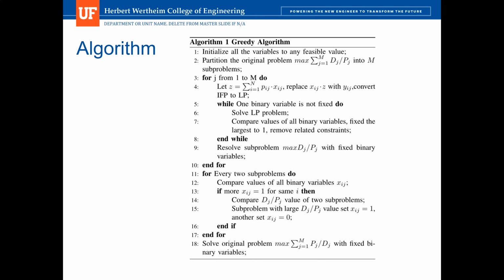In these problems, we let z equal the sum of the Pij times the Xij, and we also replace the Xij times z with the Yij, and we also relax the Xij.